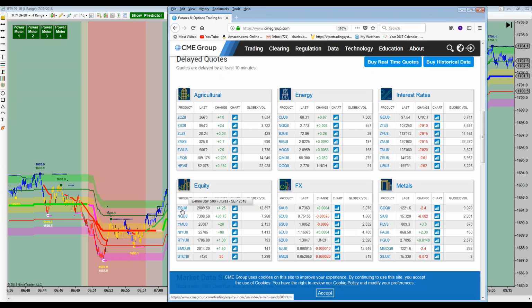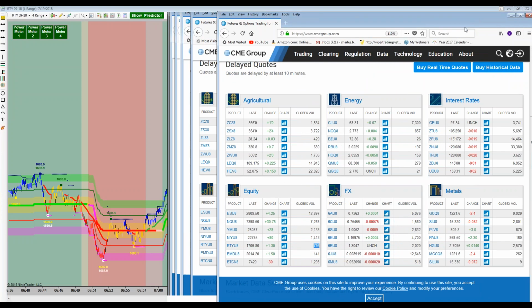So, the thing about ES is you can scale it. You can throw 50 or 100 contracts on it. It'll just gobble it up. Give me some more. Whereas the bots, the algorithms aren't paying any attention to Russell. There's just no volume on it. If you threw 100 contracts on the Russell, you'd probably get 10 ticks of slippage. There's no liquidity to suck it up. That's why the bots are running on these other equities.